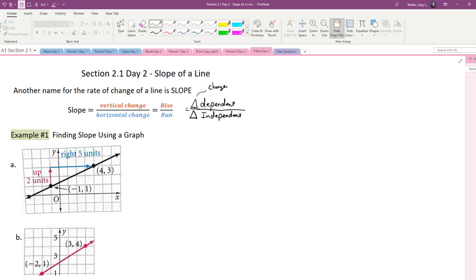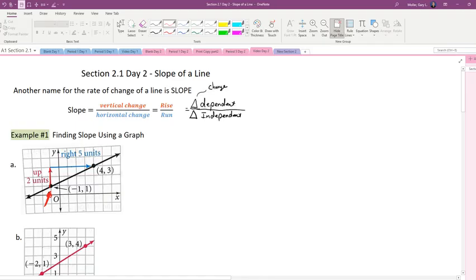Okay, so when we look at this example 1A, finding the slope just using a graph, it is as simple as counting. But we have to pay attention to the direction that we're going. If I start at this point right here, labeled in red, to get from that point to the second point, we go up 2 units. We count up 1, 2 to get to the height of 3.